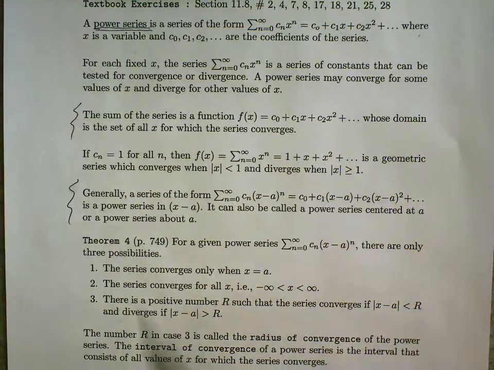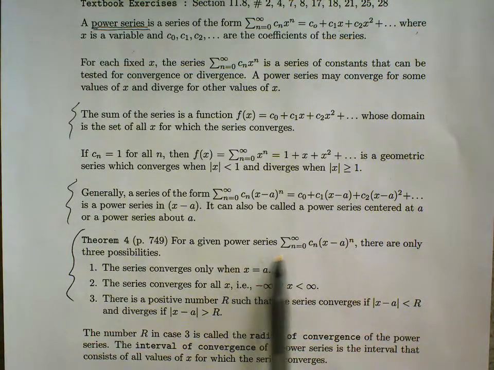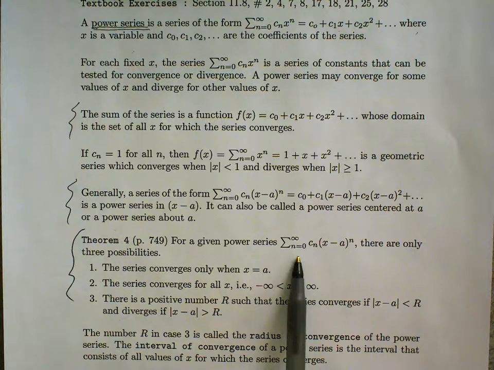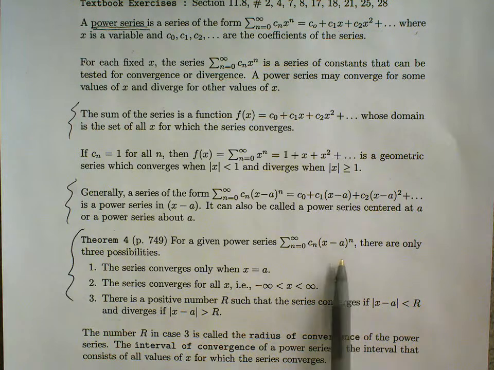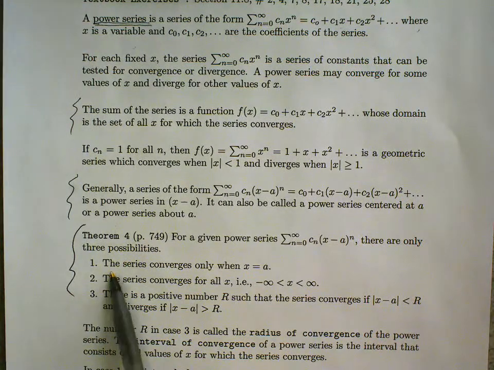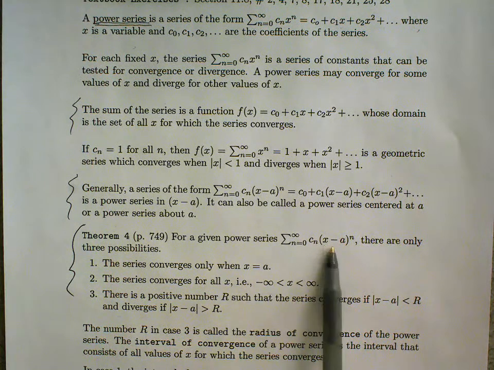Okay, theorem 4. For a given power series, the terms are c sub n times x minus a to the n, as n goes from 0 to infinity, there are only three possibilities regarding the domain or the solutions. One possibility is that the series converges only when x equals a.